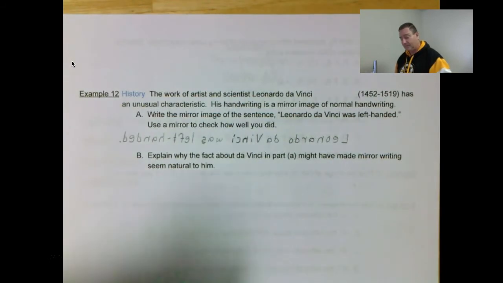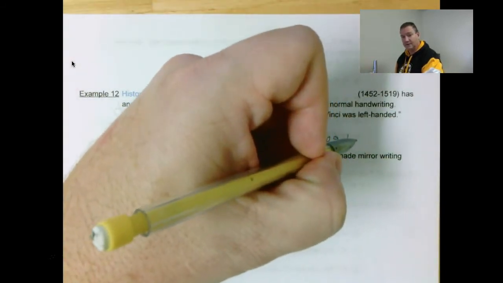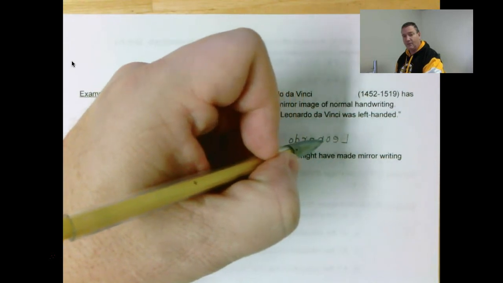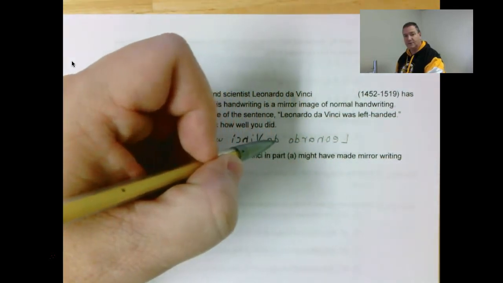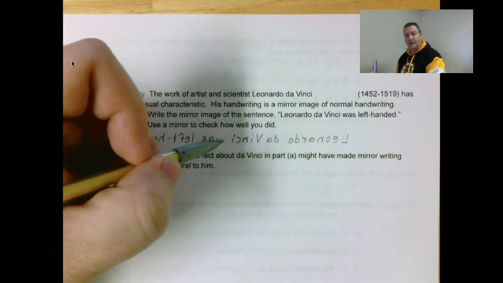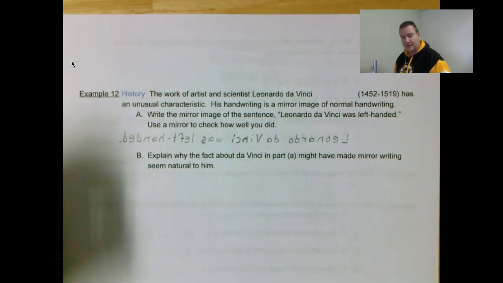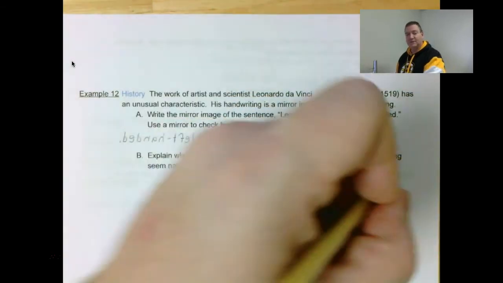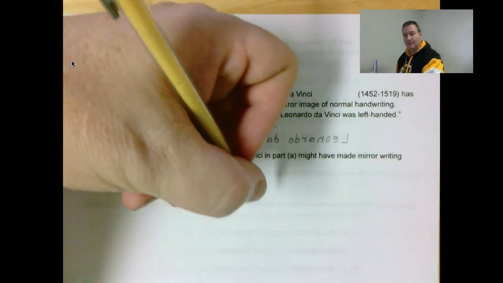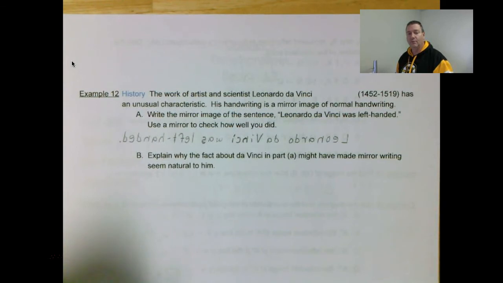Well, Da Vinci, if he was writing as a lefty, if he wrote right to left, you see the words start to appear and he's no longer covering what he's writing. So he would write right to left, so it wouldn't cover or smudge what he was writing, and he wouldn't have to turn his wrist like I do so that I'm not putting my hand right on top of exactly what I just wrote. And that's why Da Vinci would have done it that way.